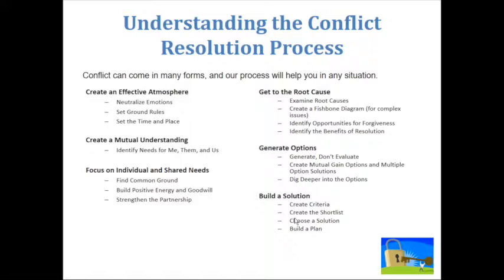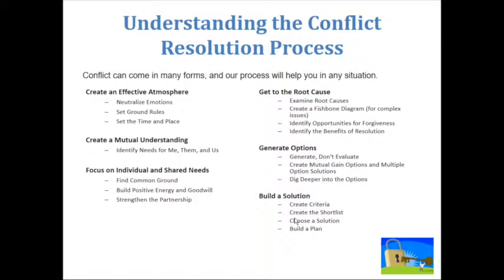But one of the most important factors in resolving conflict is getting to the root cause. And sometimes the root cause is hidden, and we go into the communication conflict and we believe that point A is the problem. However, when we peel back the onion, we find that that's not really the problem.